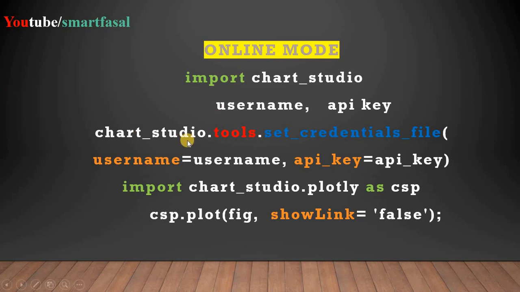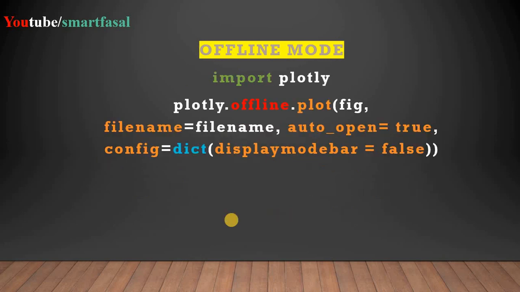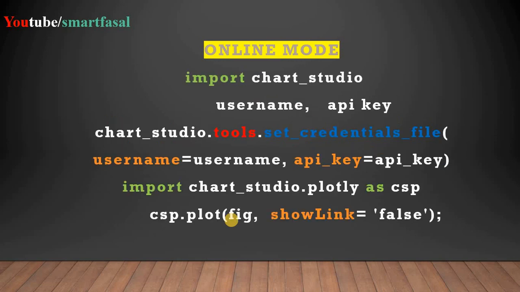After that, Chart Studio has to set up the credentials of the username and the API key, and lastly, a py.plot is used to plot the figure or the visualization of the observation. So I suppose that offline mode is far better in the case of time series analysis as compared to the Chart Studio library.